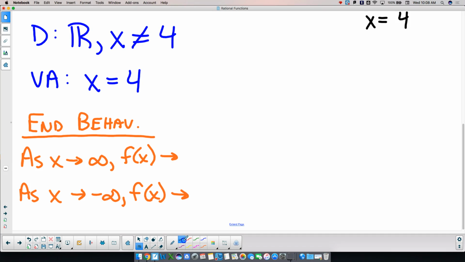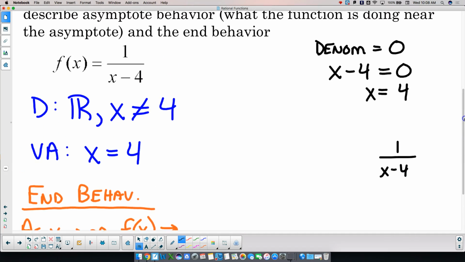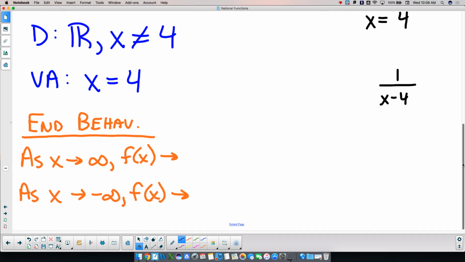My function, once again, was 1 over x minus 4. Right? Was it 1? Yep, it was 1. Okay? So 1 over x minus 4. If I put in a number that is approaching infinity, so that would be like a ginormous positive number. Okay? So that's going to be 1 over a huge number minus 4.